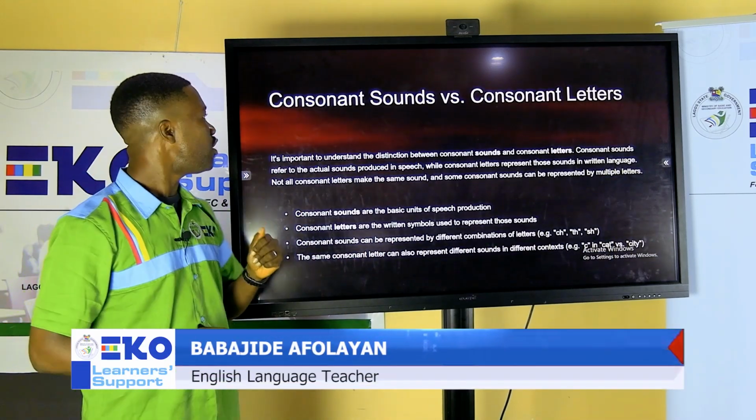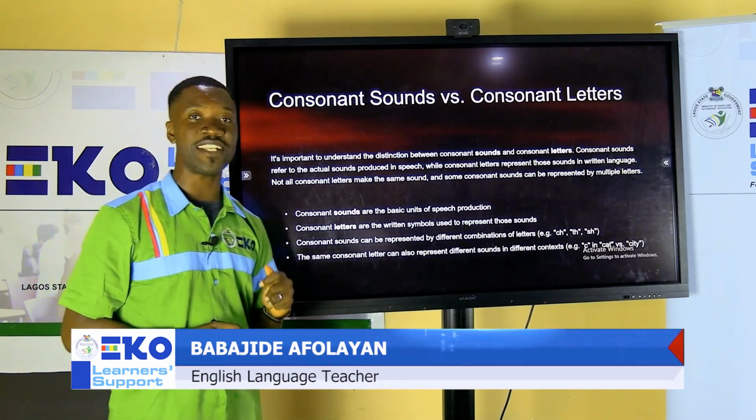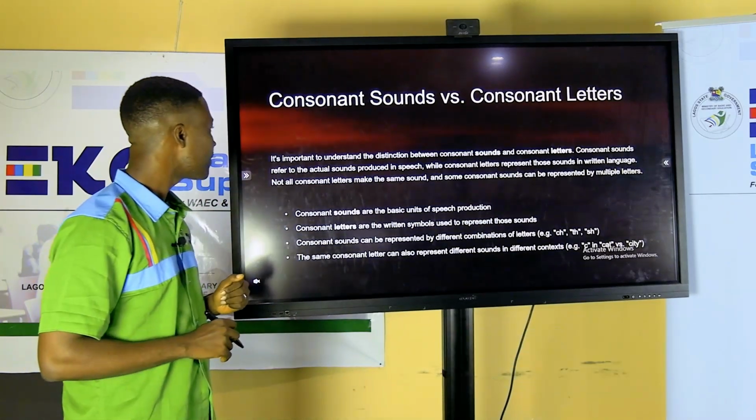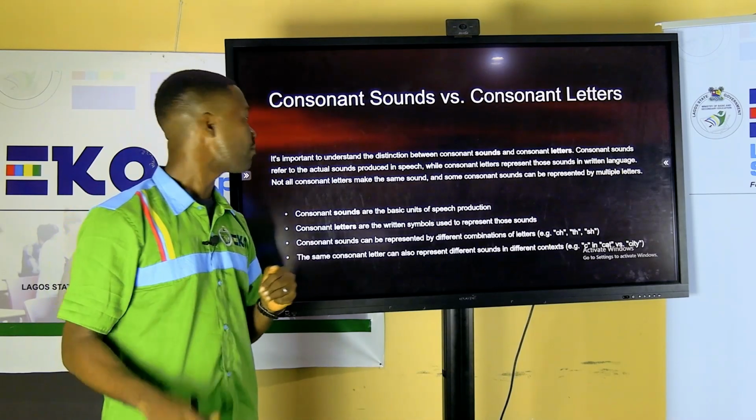Now, we want to distinguish between consonant sounds and consonant letters. We need to understand that consonant sounds are different from consonant letters. Consonant sounds refer to the actual sounds that we produce in speech, while consonant letters represent those sounds in written language.